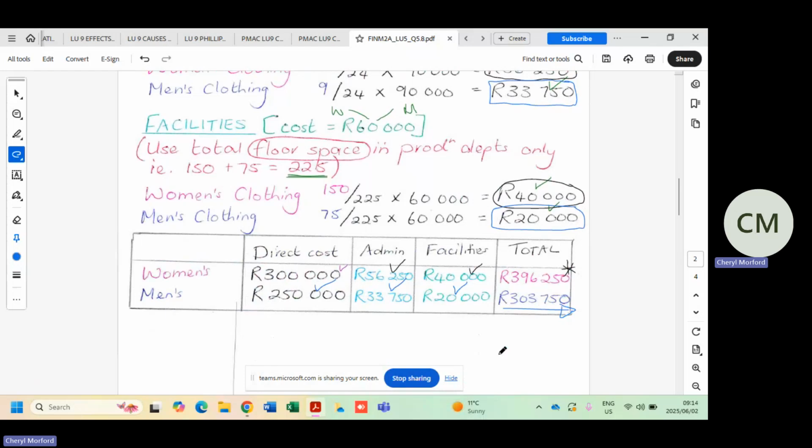So how does it work? Okay. The reassignment basis will still be the same. So facilities is still floor space and admin is still number of employees. The only difference now is that we are going to start reassigning the service department cost to the other service departments in order.